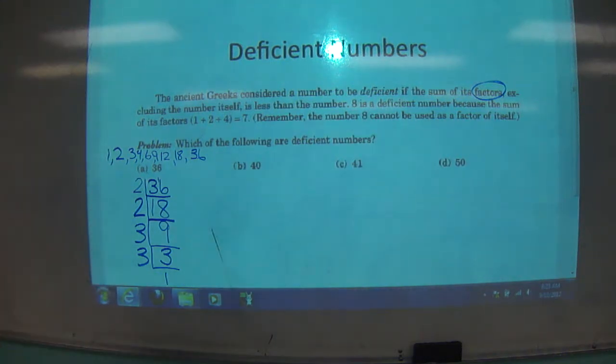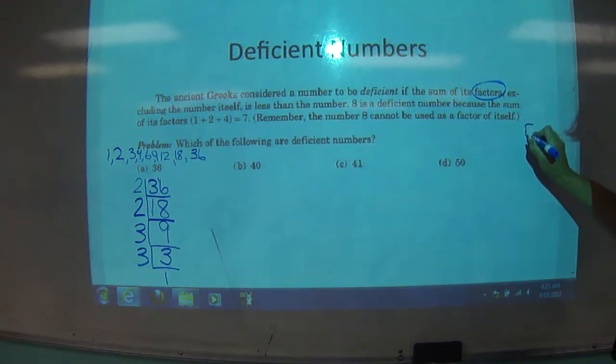You want to do another prime factorization and see how it works? Let's go to the other side, because I'll have more room. Let's use 50. What's a prime factor of 50? Prime. 2, because it's even?